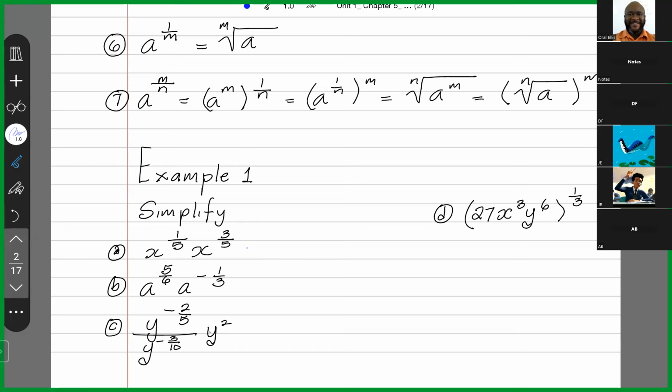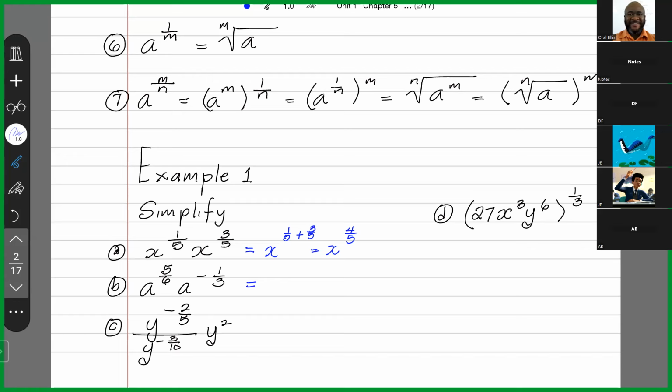So essentially this would be x to the 1/5 plus 3/5, which is the same as saying x to the 4/5. Same thing with B. We're multiplying, the base a is the same, so we must add the indices.